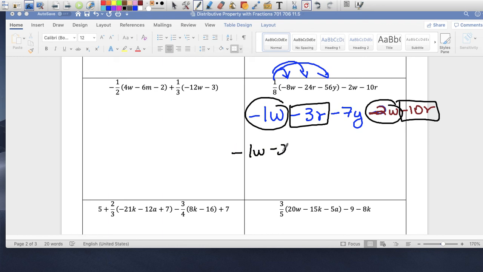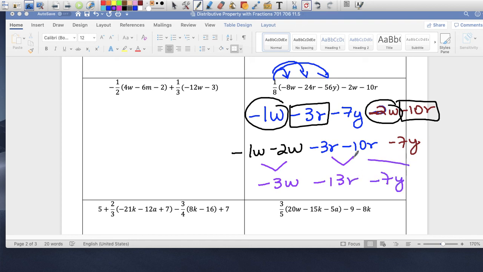Negative 1w minus 2w minus 3r minus 10r, and then minus 7y. So you can tell the like terms by the colors. Let's combine them. This becomes negative 3w. This becomes negative 13r, and then minus 7y. So this is the final expression.